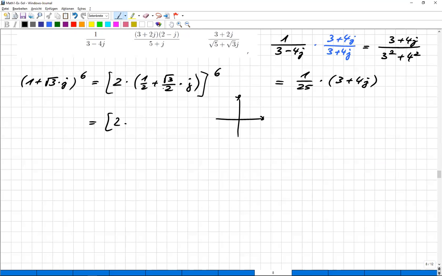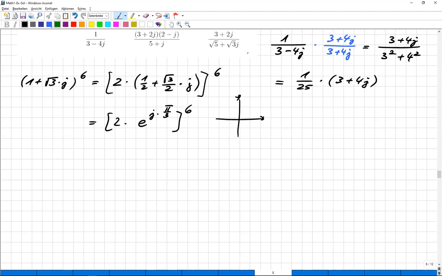Now I jump to the exponential form even, because this is even more compact, you know it, right? e to the j times that angle. Pi third, what did we say? Pi third, which means 60 degrees. I'm quite convinced that this is the number that we have, and this should be taken to the power of 6.